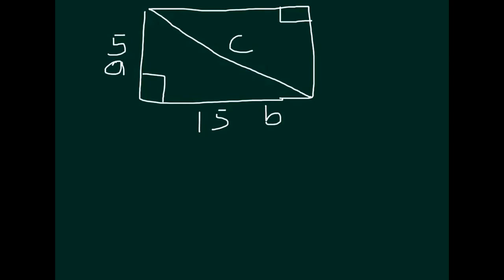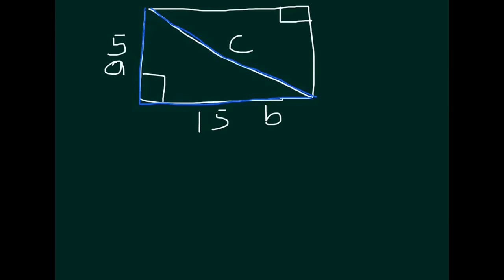Let me see if I can make it a little better. So that should make it a little better. There's our right angle. Now, one thing we always have to remember, a couple of things we have to remember.